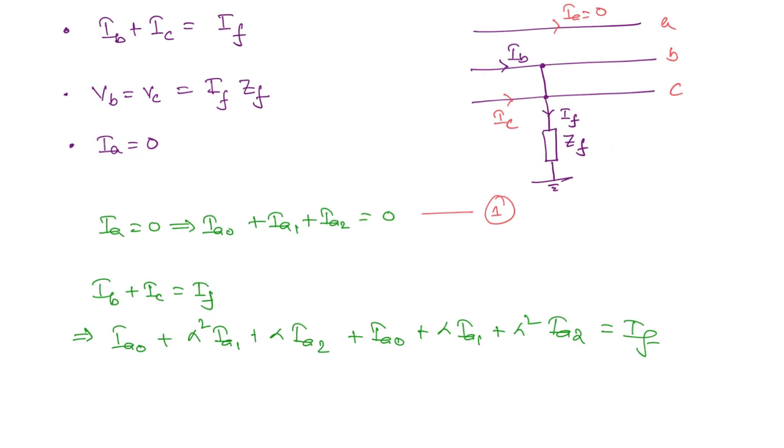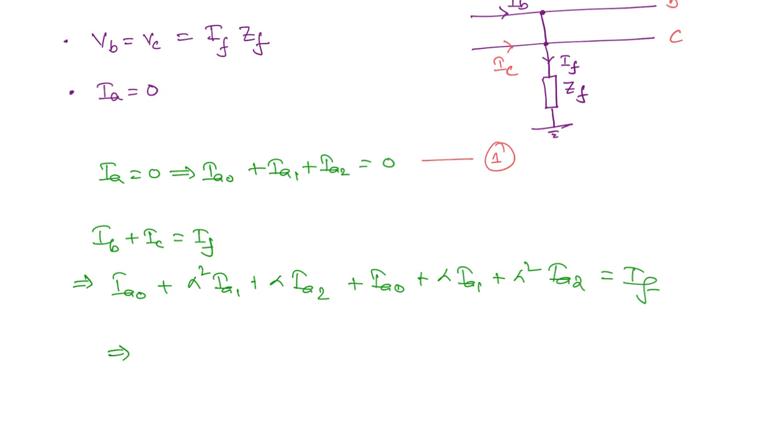Okay. So this, if you simplify, what you are going to get? 2 times IA0 plus alpha square plus alpha IA1 plus IA2. This is equal to the fault current. Now IA1 plus IA2 is what? It is equal to minus IA0 from this first relation, and also alpha square plus alpha is minus 1. Why?